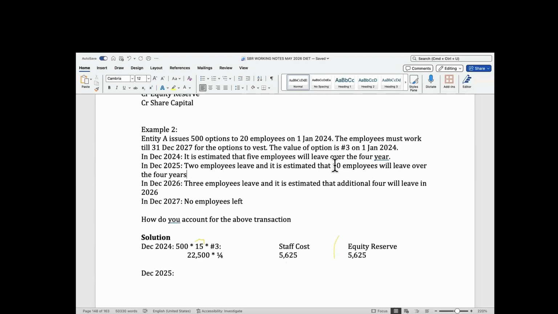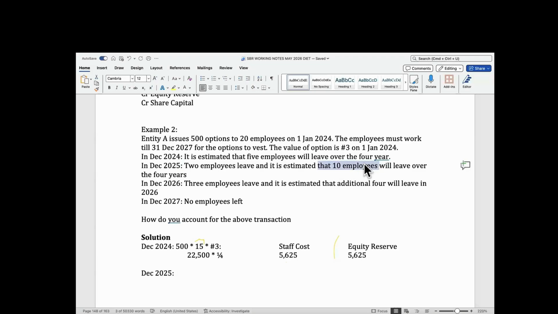So this is what I have to work with because these 2 have been captured by this 10. So because of the 2 that left this year, that was why they estimated that, okay, let's estimate that 10 will leave over the 4 years in such a way that at the end of 2027, we're estimating that only 10 will remain out of the 20, since 10 will leave over the 4 years, which is what I want to work with.